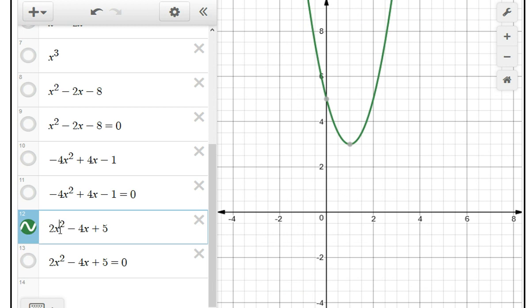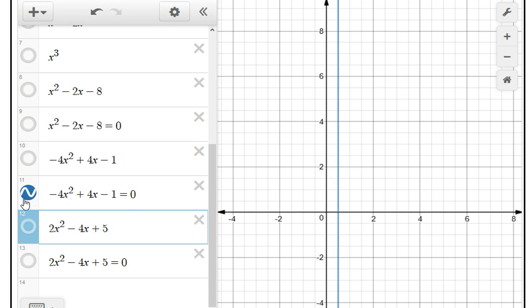Just one last thing: whenever you see a quadratic polynomial, the coefficient of x squared determines whether the shape will open upwards or downwards. Like here the coefficient is positive, so it is going in the positive direction of the y-axis. This is also opening in the positive direction of the y-axis.